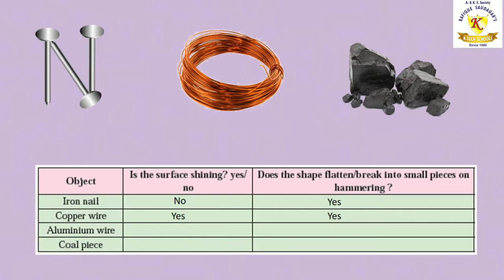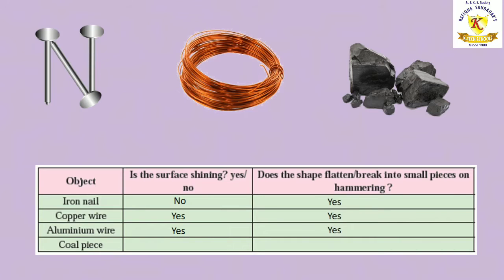The third one is aluminium wire. Will the surface shine? Yes or no? Can you tell, children? Yes. And will the shape get flattened? Yes, it will get flattened. Now, what will happen with the coal piece? Will it shine when rubbed against the sandpaper?